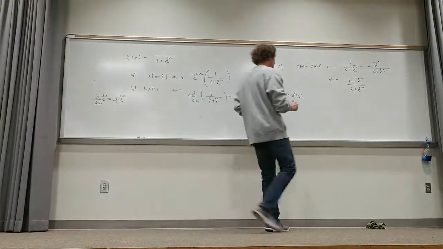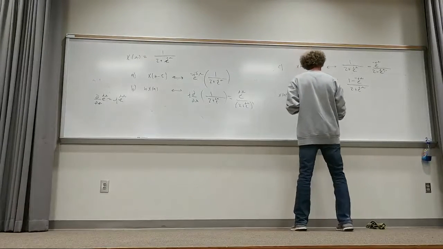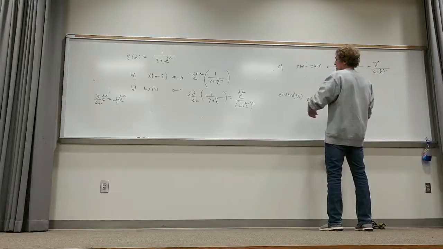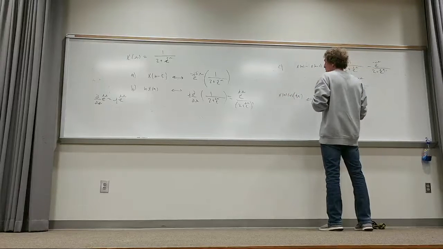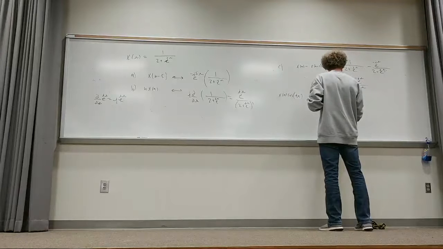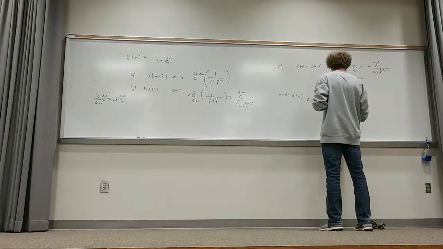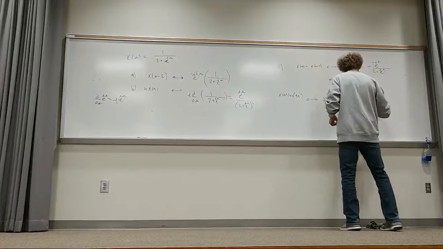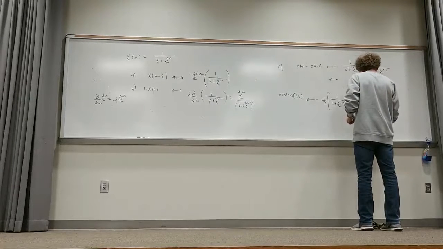So for this one, it goes to 1/2, and you take this property over there, 1 over 2 plus e to the j, and now it's omega plus 4, plus 1 over 2 plus e to the j times omega minus 4 here.